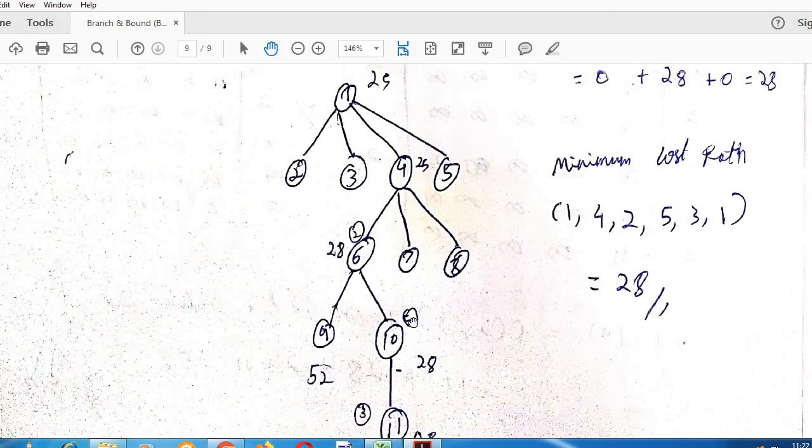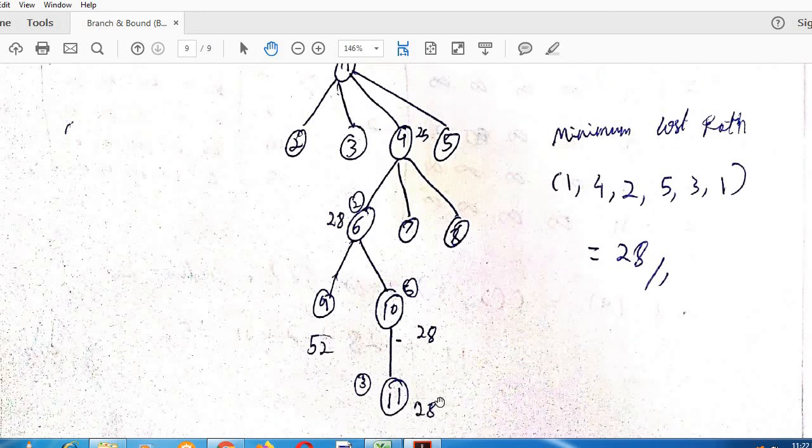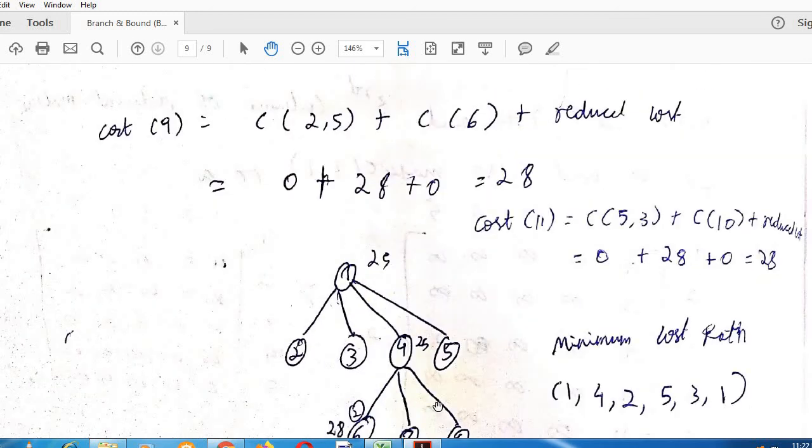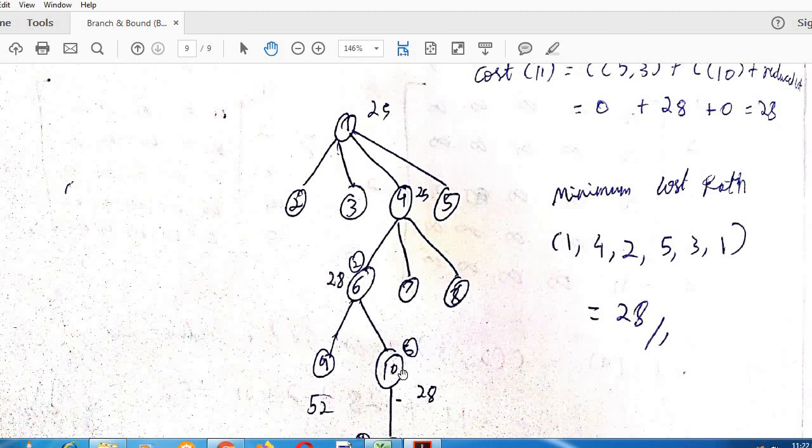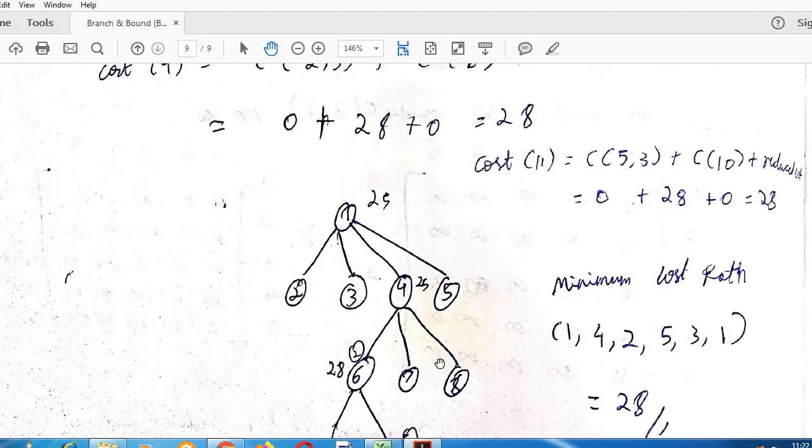After reaching 1 to 4, 4 to 2, 2 to 5, there is only one option, that is to traverse node 3. I will represent this by node 11. To find the cost, I will apply the formula: cost of 5 to 3 plus cost of node 10 plus reduced cost.